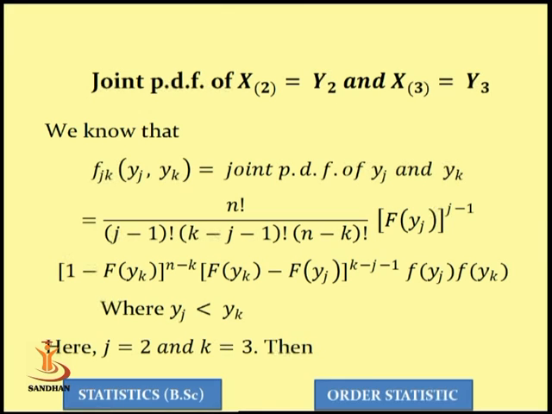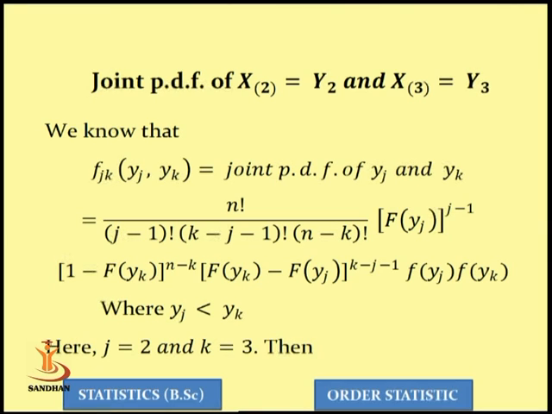Now, if I want to find the joint PDF of the second and third order statistics, say x2 and x3 in order, or suppose I denote them by y2 and y3, then again we have derived this form of joint distribution. We have this form already, so we are just quoting it again. Obviously, as we said earlier also, our yj must be smaller than yk.